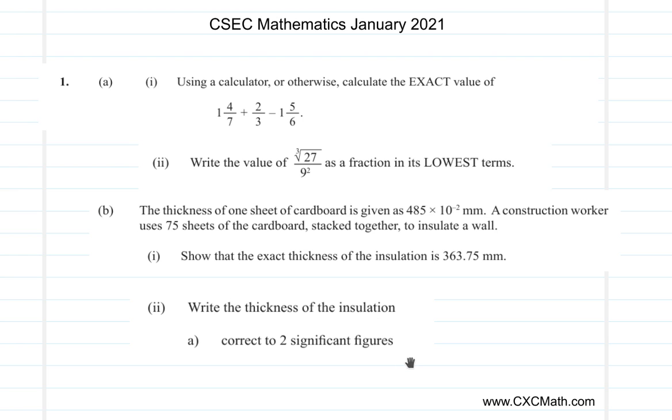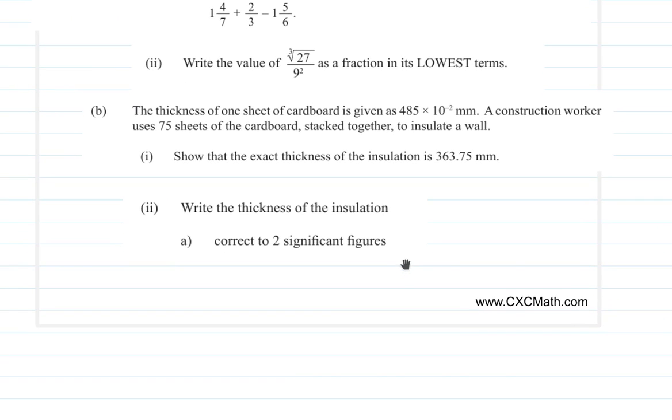Using a calculator or otherwise, we have 1 4/7. Let me just rewrite it here. We have 1 4/7 plus 2/3 minus 1 5/6.